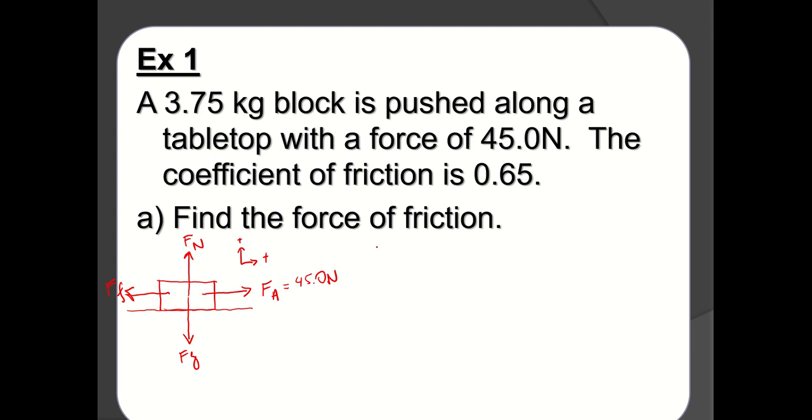Now this is something I saw in the quizzes and people are still kind of confused, it seems. They're using F net separate from sigma notation, okay? These two notations are equivalent. If you're going to use the sigma notation, all you have to do is write either x or y or z. In this case, we're only going to be dealing with 2 dimensions. For example, I'm going to start with the F net for y.